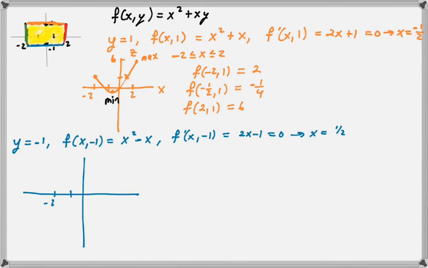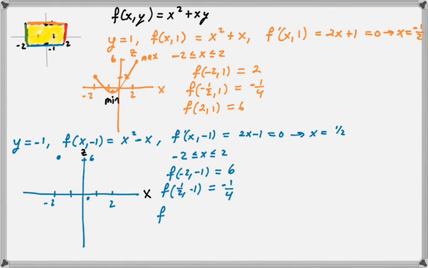Again, we're going to be on the xz plane, x is between -2 and 2, so we check the endpoints and also the critical number. So f of -2 comma -1 is going to be 6. f of 1/2 comma -1 is going to be -1/4. And f of 2 comma -1 is going to be 2.